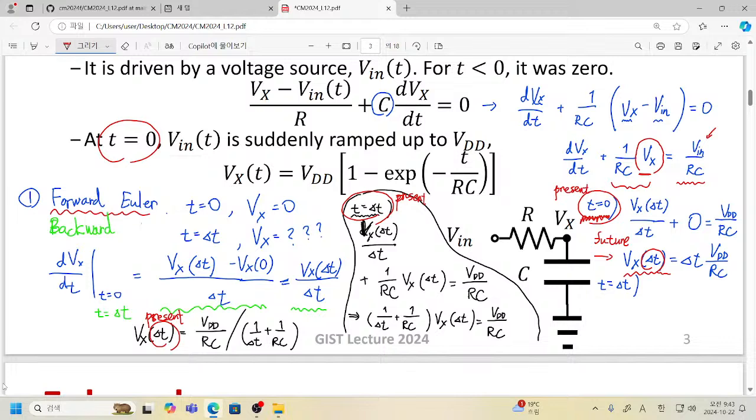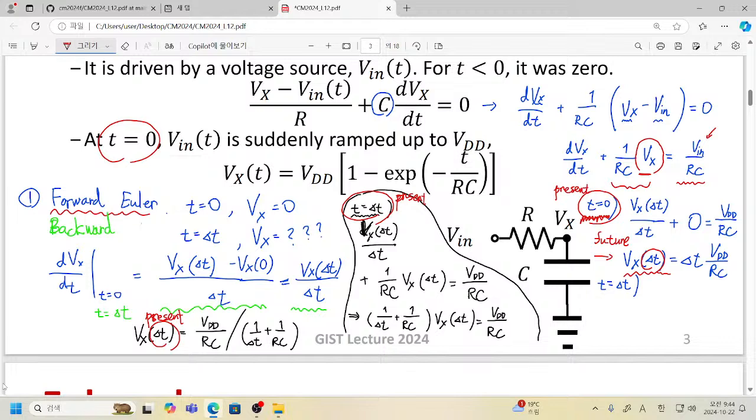So simply speaking, if you adopt this forward Euler method, then based upon the present value, you can just push your solutions forward. Based upon the solution at t equals 0, you can just push the solution to t equal delta t.